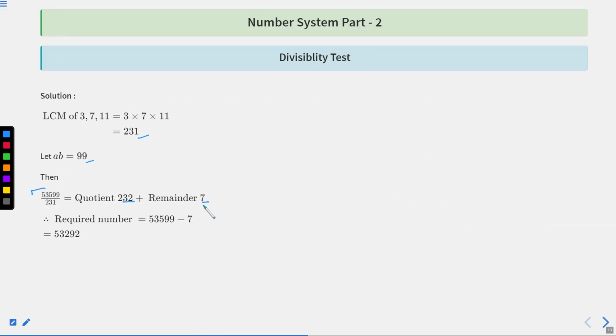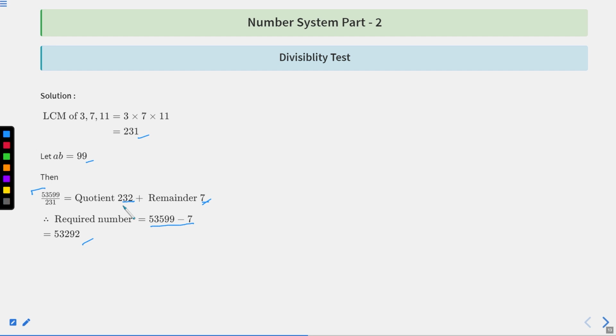So what should we do? We subtract the remainder from the number we constructed, 53599. So when we do it, the number comes out to be 53592. And now if you divide 53592 by 231, your remainder is going to be 0.